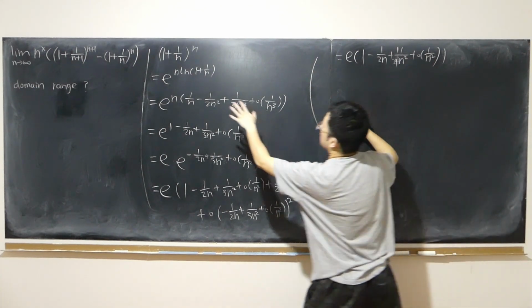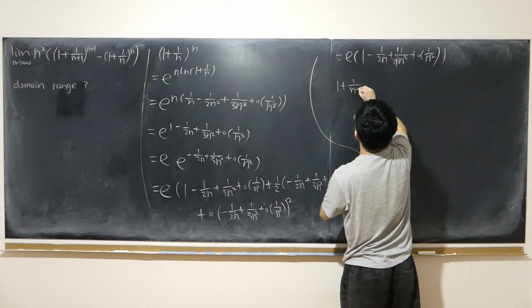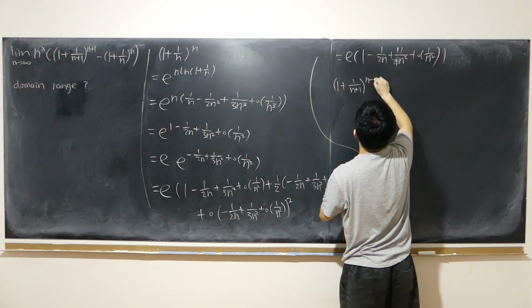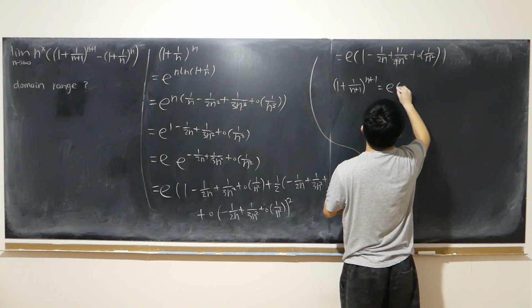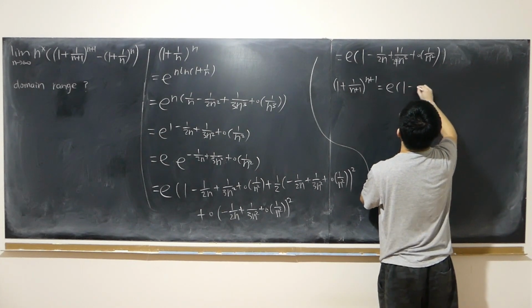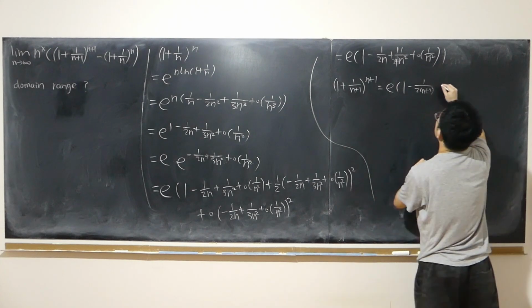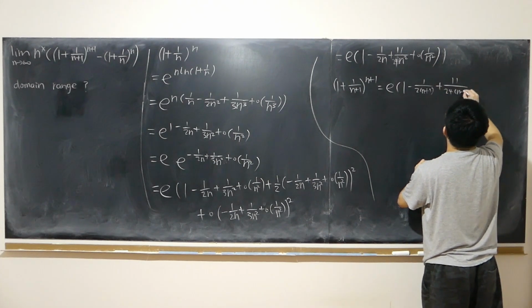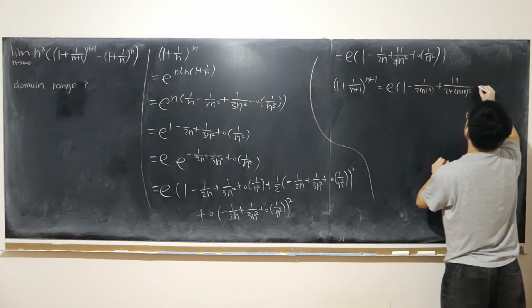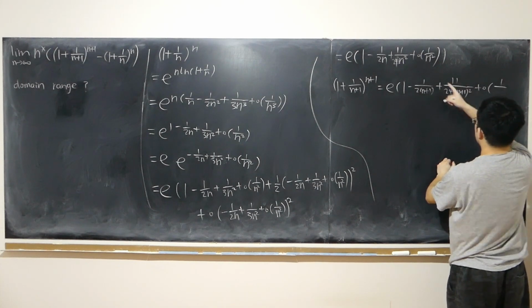So this becomes that. Likewise, (1 + 1/(n+1)) to the power of n+1 can easily become e times (1 minus 1 over 2(n+1) plus 11 over 24(n+1) squared plus little o of 1 over (n+1) squared).